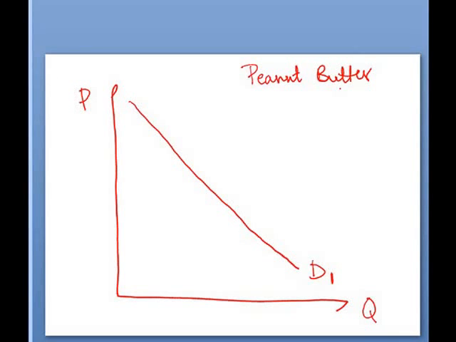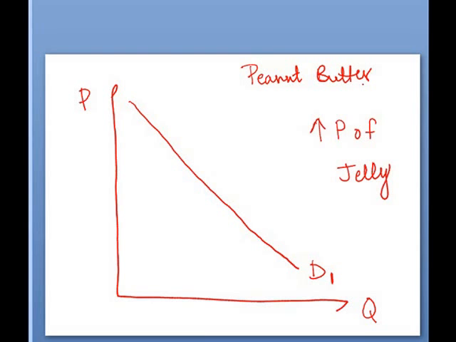So let's say that the price of jelly increased. Because we know that these are complementary goods, meaning that they go together, if I buy jelly, I should buy peanut butter, because we all like peanut butter and jelly sandwiches.